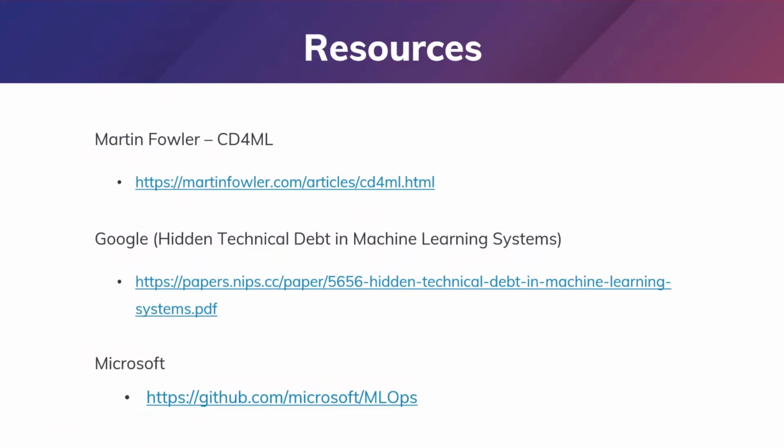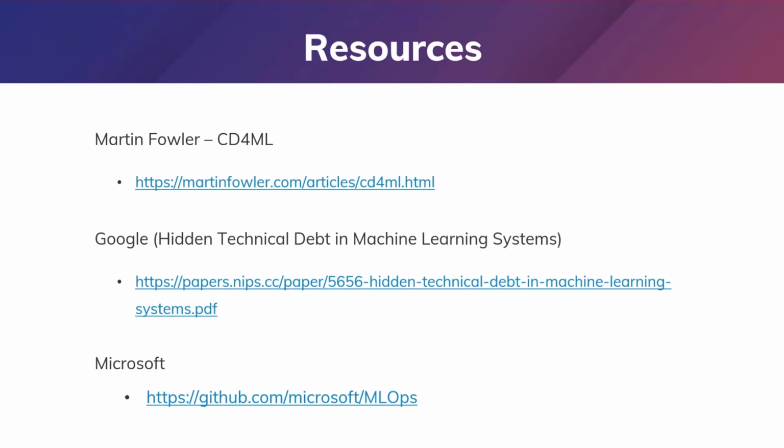So first off here, there are a couple of resources I wanted to be aware of if you want to read more about this later. Martin Fowler has written an amazing article that prompted me to give this talk for the first time last year, and it's called CD4ML, or Continuous Delivery for Machine Learning. So I definitely recommend you go into his article and read that. It's together with ThoughtWorks, and he's really going into depth there on some challenges and things that you need to think about.